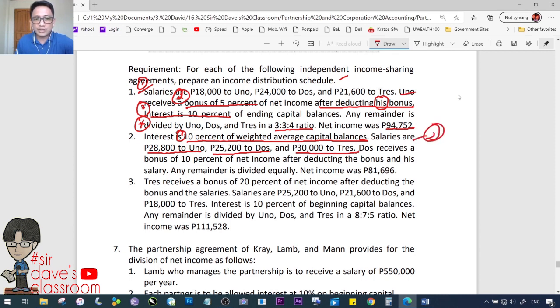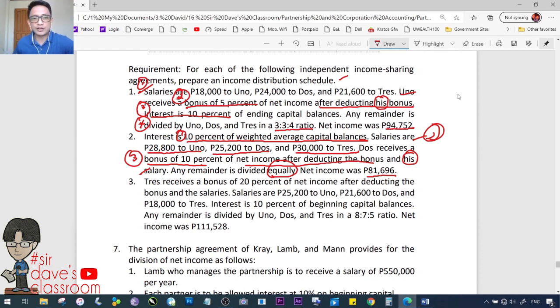Dos receives a 10% bonus, pangatlo, may bonus provision, of the net income after deducting the bonus and his salary. Any remainder is divided equally. Net income this time is 81,696. So, please, class, tandaan mo yung problem or screen grab mo siya if you have the means.